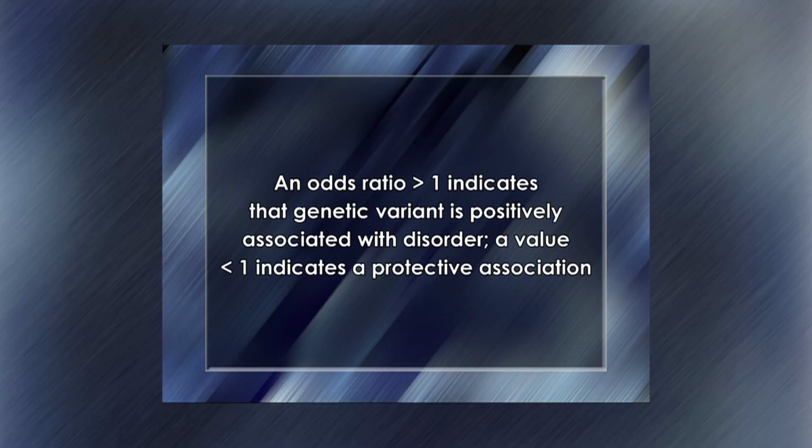An odds ratio calculation is done comparing the frequency of the trait in cases versus controls. An odds ratio greater than 1 indicates that the genetic variant is positively associated with a disorder, and a value less than 1 indicates a protective association.